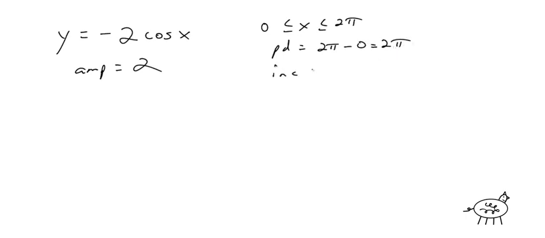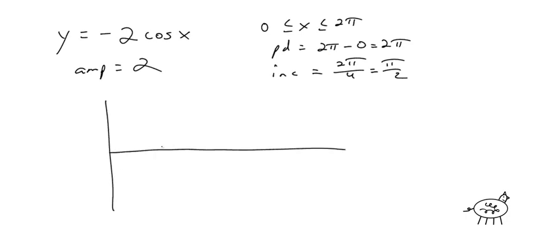And the increment is 2 pi over 4, which is pi over 2. Okay, so let's plot this on a graph. Pi over 2, pi, 3 pi over 2, and 2 pi. The amplitude is 2.